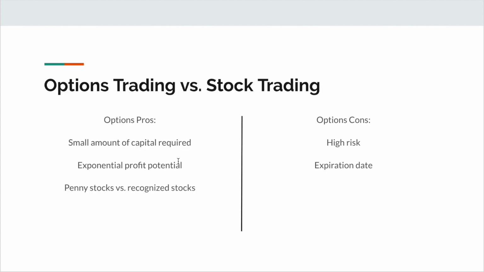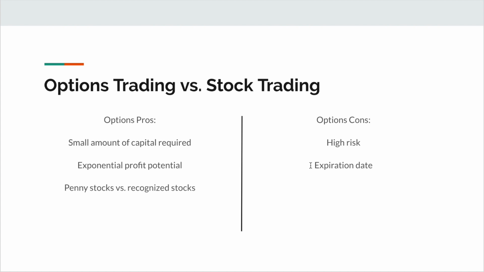Now, let's compare a little bit more of options trading versus stock trading. Some options pros: a small amount of capital is required, exponential profit potential, and penny stocks versus recognized stocks. We'll get into this in a little bit. Option cons: it's high risk because of that expiration date. That means you're risking a lot of money sometimes because that expiration date is approaching and the stock hasn't swung in your direction.